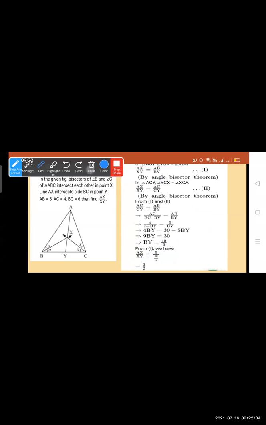Okay. So in this question, what we do? First, we apply the angle bisector theorem on both triangles, on this and this triangle. Then equating equation 1 and 2. Then we get this. Here we consider one thing, BC. So here we want to find CY. So we write here, CY is equal to BC minus BY. Remember this thing.